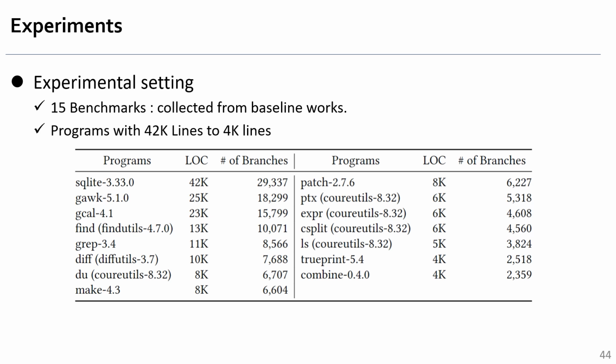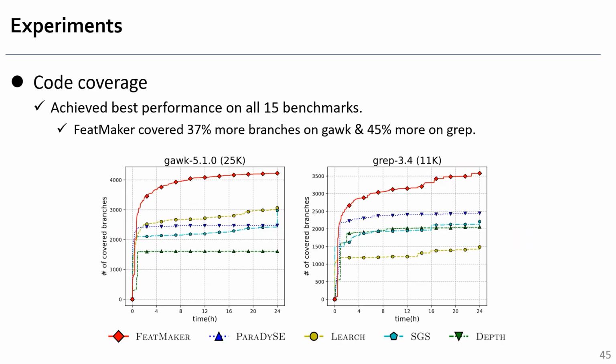The first result to report is the aspect of code coverage. For code coverage, FeatMaker showed significant improvements compared to baseline strategies. FeatMaker achieved the best performance on all 15 benchmarks, and especially it covers 37% more branches on GCOV and 45% more on grep.